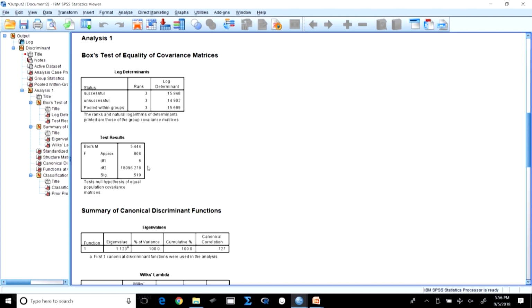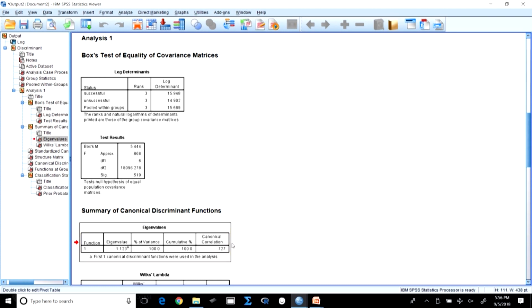Now, look at this canonical correlation value. This is very similar to the R value, and if I take the R square, 0.727 square is something around 52 or 53 percent.